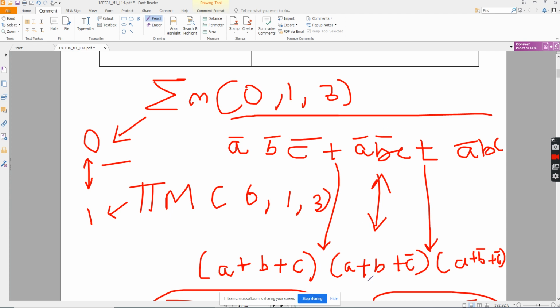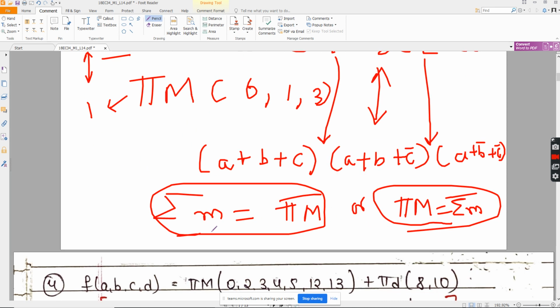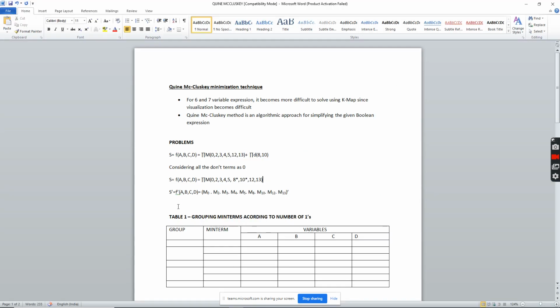What will be a bar b bar c, the whole bar? It will be a plus b plus c bar. What will be a bar b c, whole bar? It will be a plus b bar plus c bar. So in that fashion, I am relating everything by a bar here. So this equation and this equation are true. Fine. Now I'll use that benefit here. Instead of realizing the S equation, I will try realizing the S bar equation.